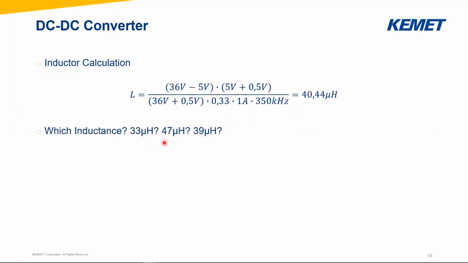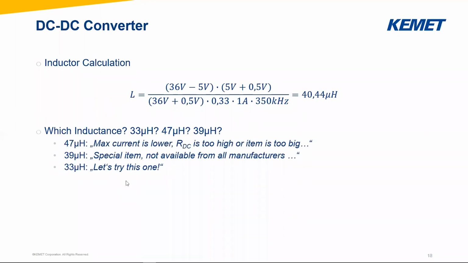33, 47, or 39? Well, you can get a sample box from us and make your own tests, but first you need to make an assumption. Let's say the idea of someone who is calculating this is, I don't want to take the 47 microhenry because the maximum current is lower and the RDC is too big, or the item is too big.